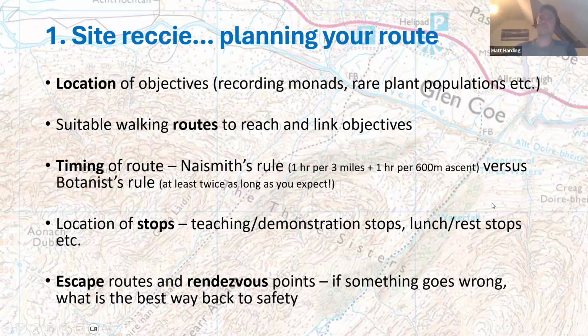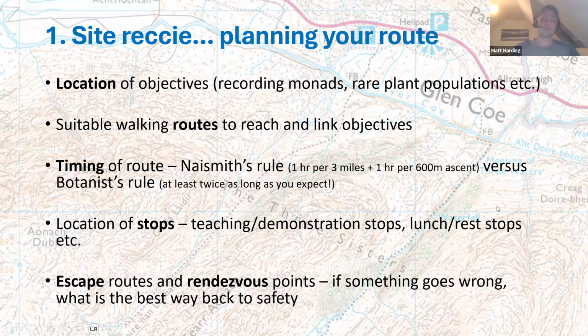So, a nice population of a particular plant that you can use to talk about woodland flora or bogs or whatever it might be. And I tend to have it scrolled down in my notebook, the little stops that I'm going to take. You can even put times on them so you can check it against your watch. Possibly over planning, but you get the picture.